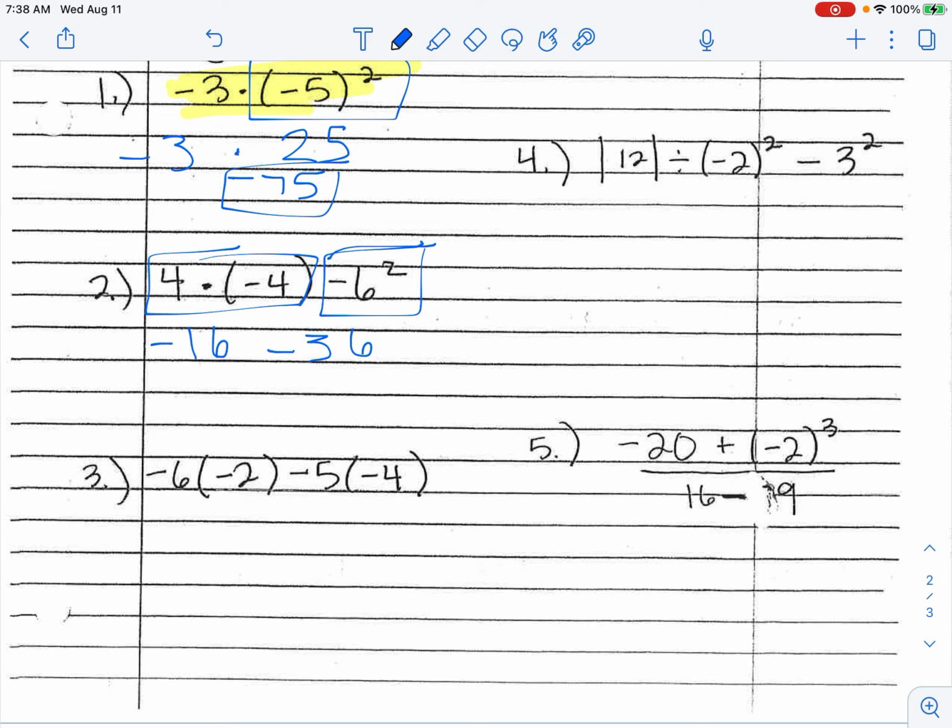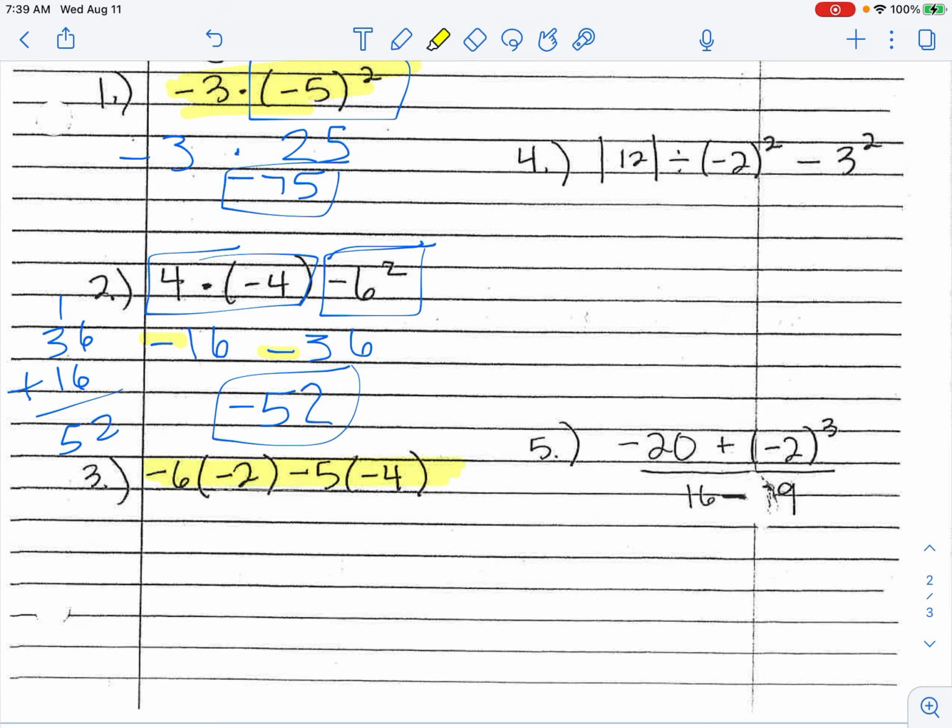So now I have negative 16 minus 36. Now we go back to the rules of integers. Same sign, find the sum. I have 2 negatives, so I'm going to slide over here and find the sum of 36 and 16. And anytime you're combining 2 negatives, your answer is going to be a negative. Final answer, negative 52.